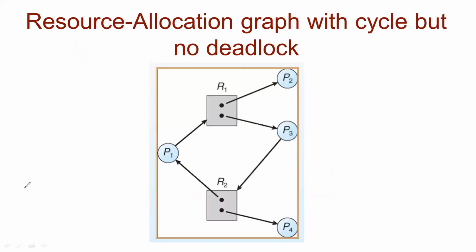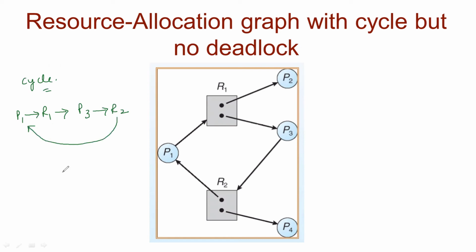Let's now take another example. In this example, there is also a cycle which is very clearly visible, but let me draw. The cycle is P1 to R1, R1 to P3, P3 to R2, and R2 to P1.